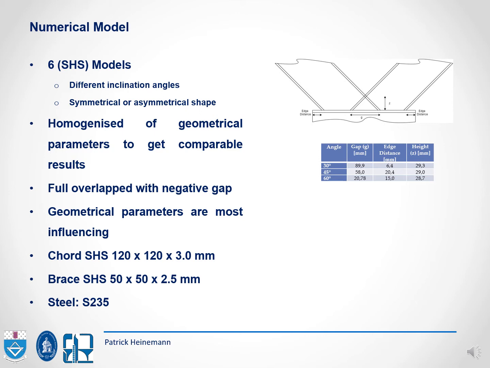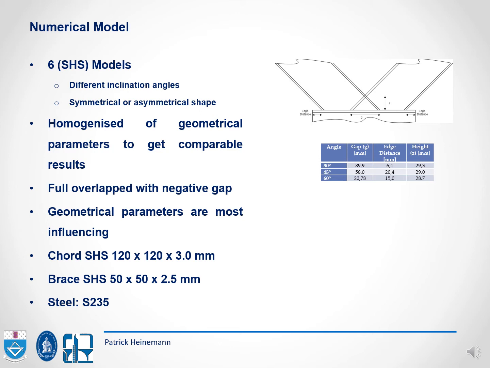On the picture you can see the two braces or branches which are fully overlapped. In other words, the gap, which is defined here as G, is negative. Connected to these branches is a 5 mm steel plate, and under this steel plate there is a vertical pipe which is called the chord.